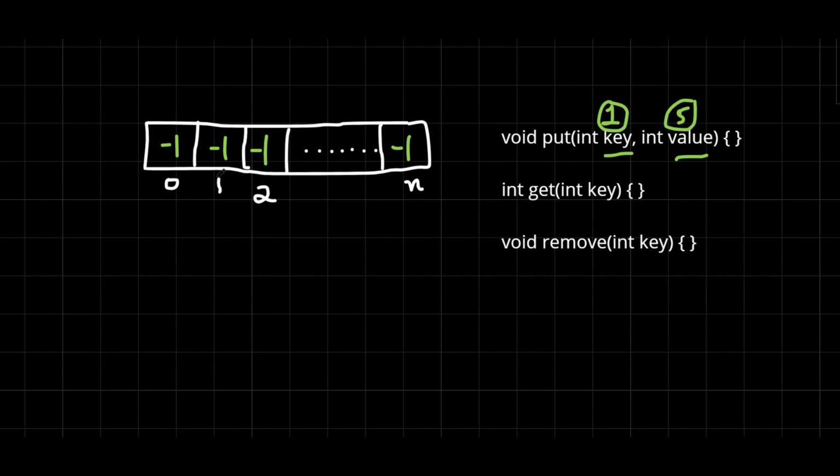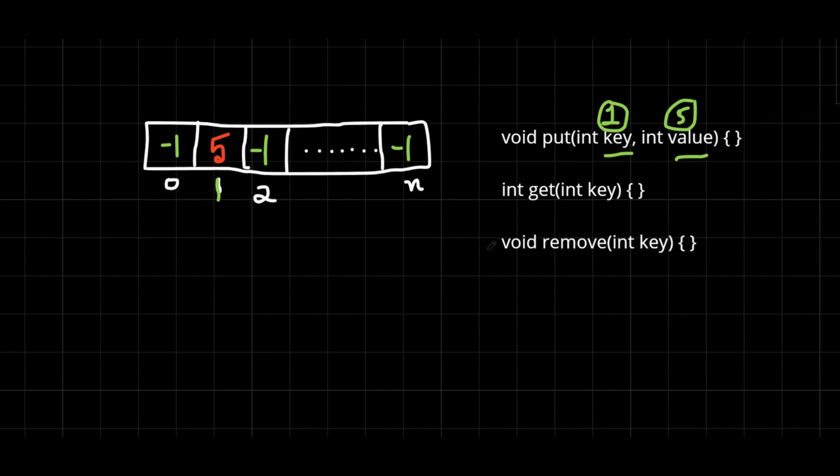So here, the index 1 is here. Initially, it has value -1. That means we have to overwrite the value. So now the value will be 5, which is this. This is how we will implement the put method. We will simply update the value to the corresponding key.